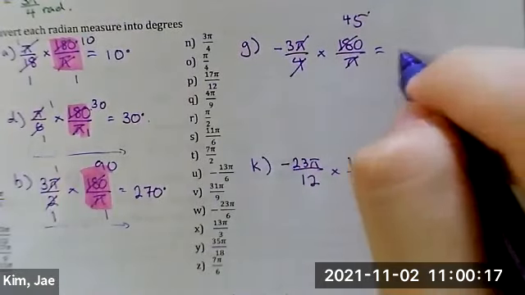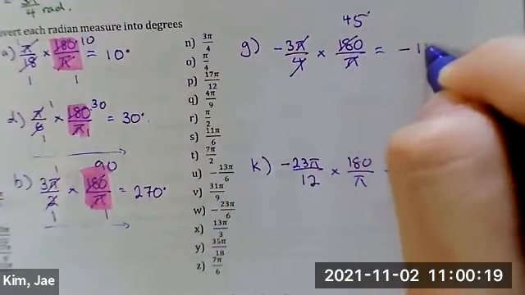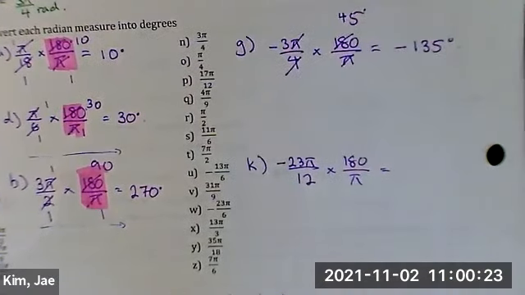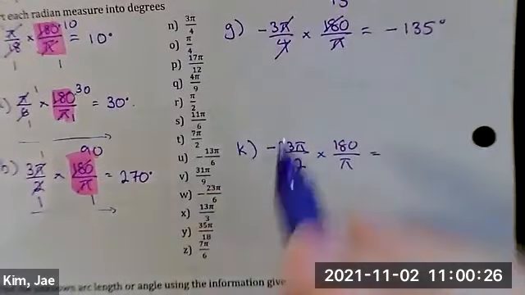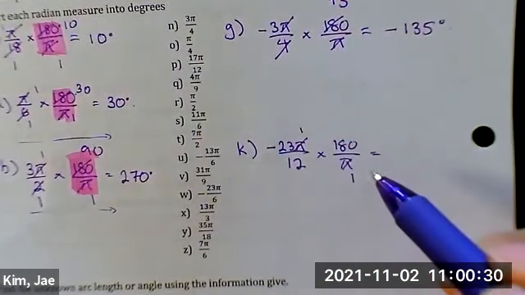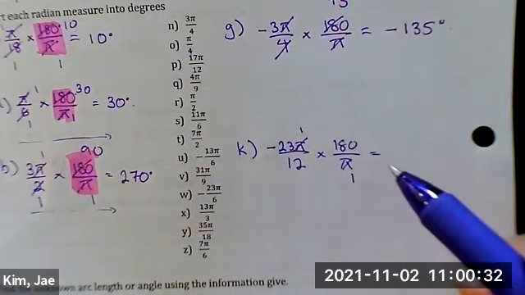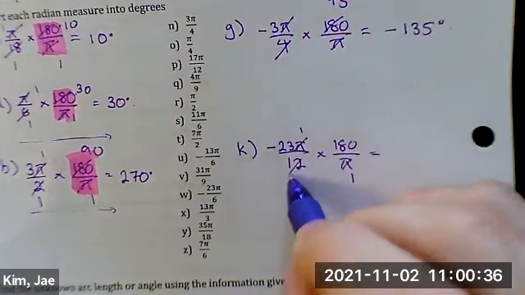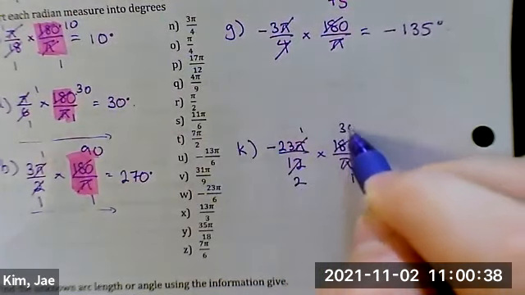To multiply across, we get negative 135 degrees. All right. Last one, again, pi divided by pi is a 1. 12 and 18. 12 could be a number you see a little less often, but it's still around. That becomes a 2, and that becomes a 30.